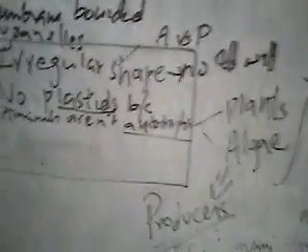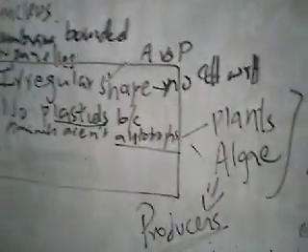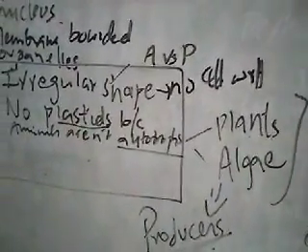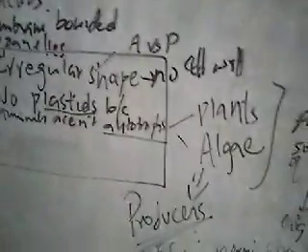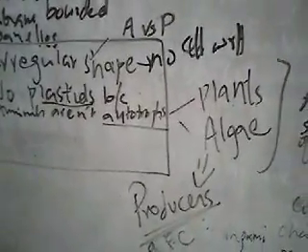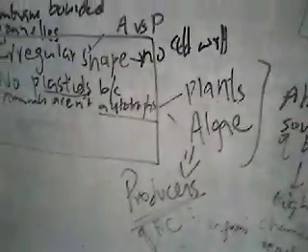Autotrophs are the organisms that produce energy on their own by utilizing any abiotic source of energy. Let me simplify this. What does this whole definition tell you?